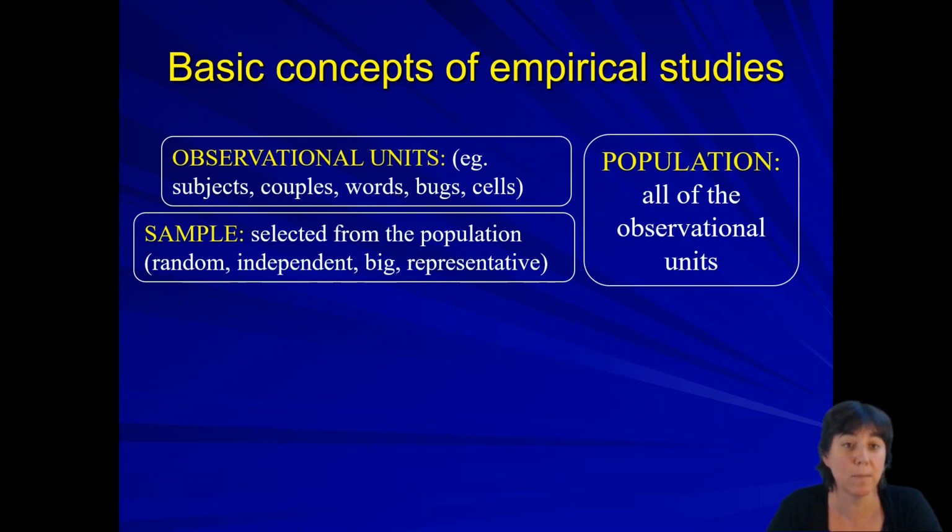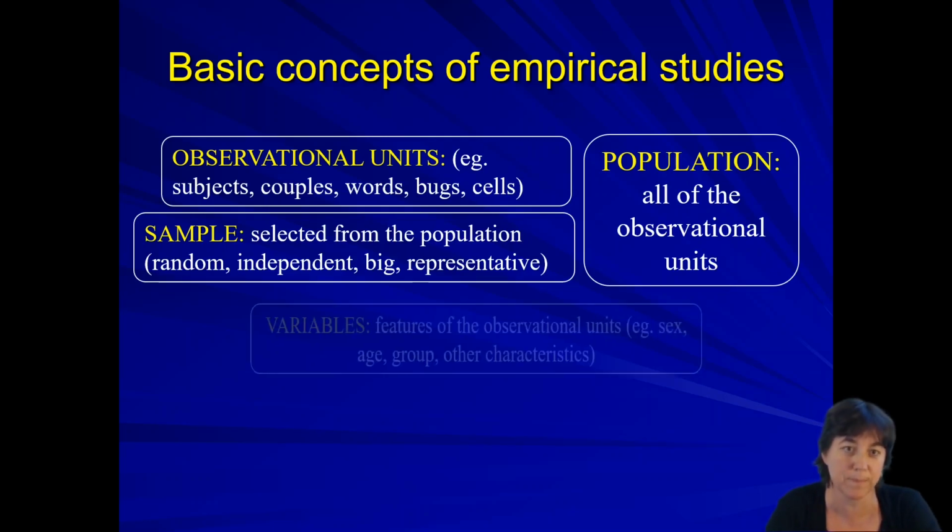Once you're talking about, let's see, high school students, it's probably not a good idea to revert to only a single high school. Probably it's a good idea to monitor more specimens, more units of observation, basically students from different high schools.